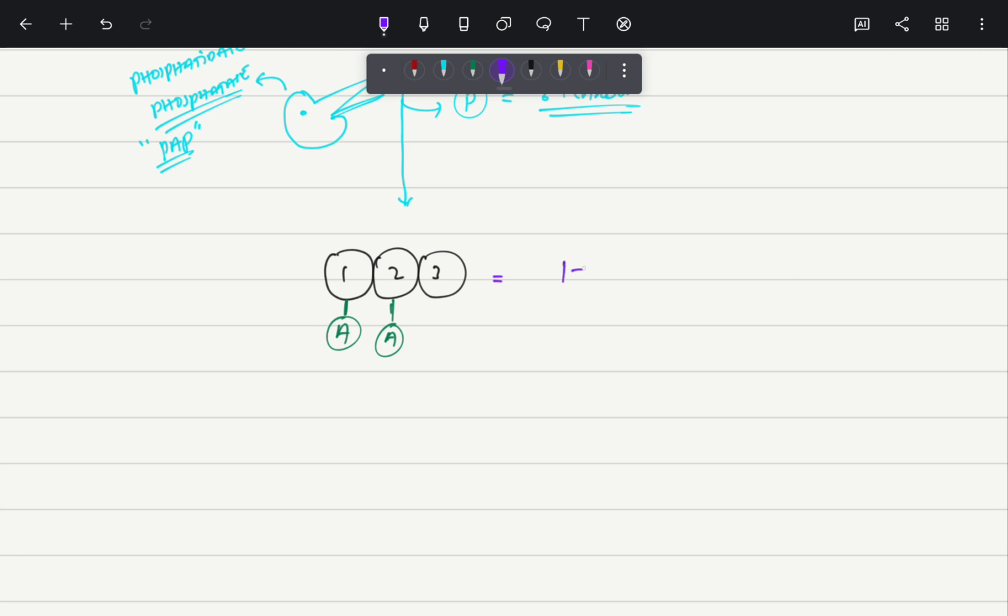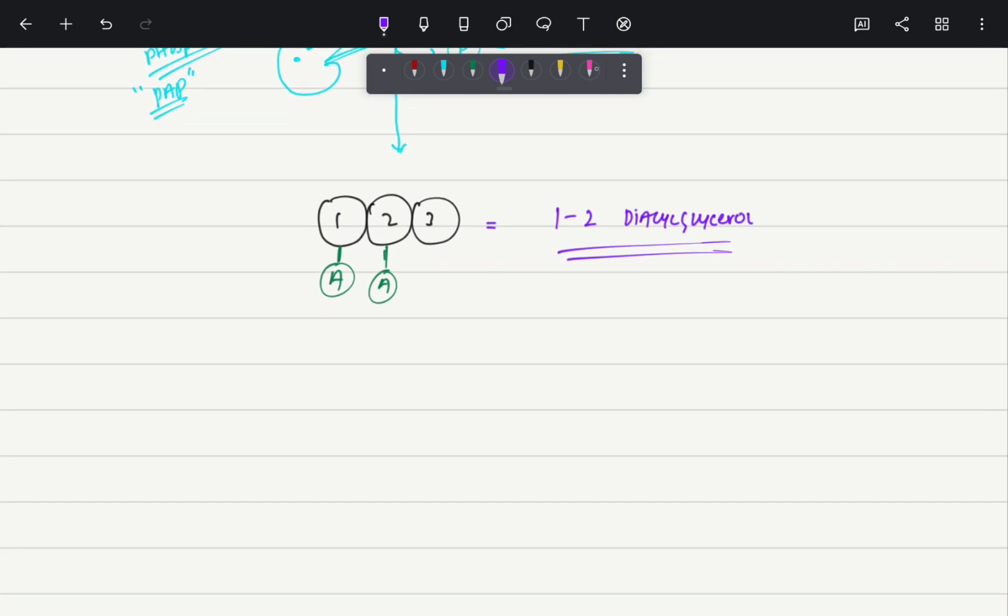The newly formed compound is 1,2-diacylglycerol. Okay, so phosphatidate phosphatase is removing the phosphate present on the third carbon, and the newly formed compound is 1,2-diacylglycerol. I hope you are clear with this.